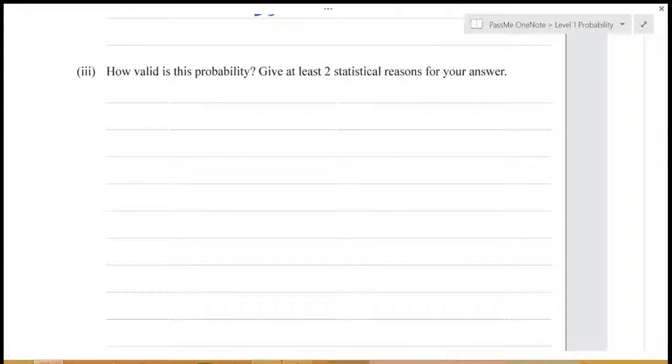So how valid is this probability? Not really valid, we'll say. And let's get into that a bit more.